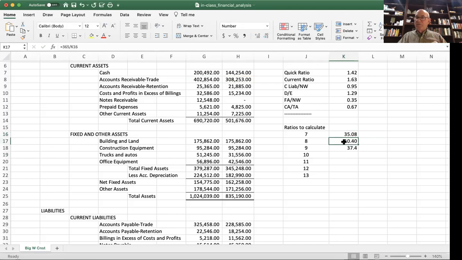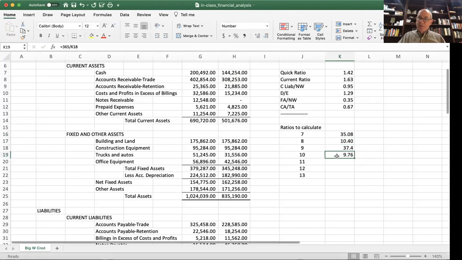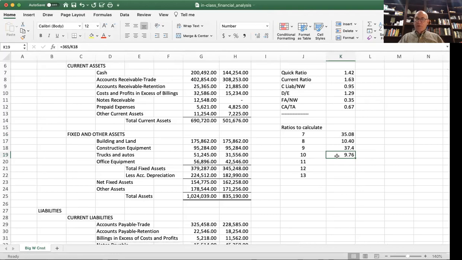And because of this formula here, 365 divided by the collection period, I can actually just copy that formula, and this will give us the collection period with retention, and that's 9.76. That's the answer you should have gotten for that.